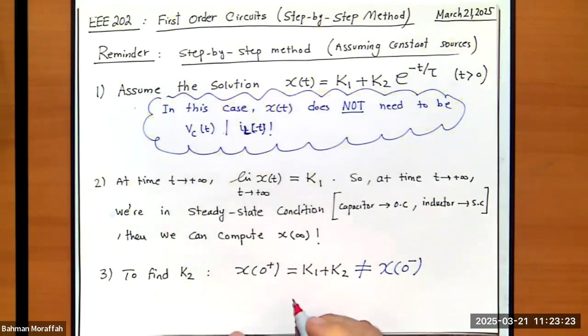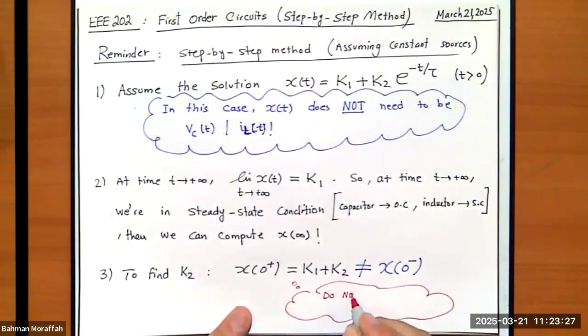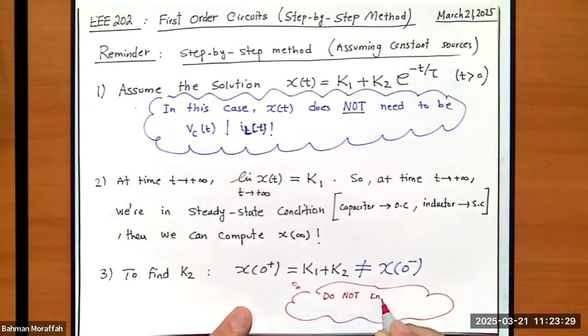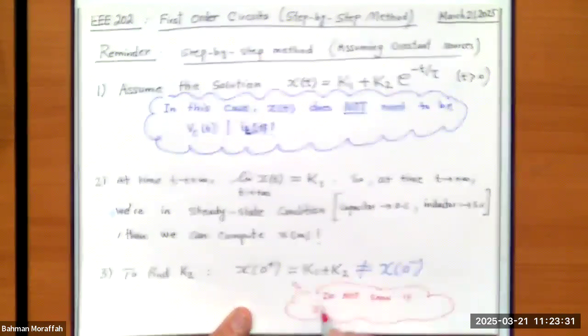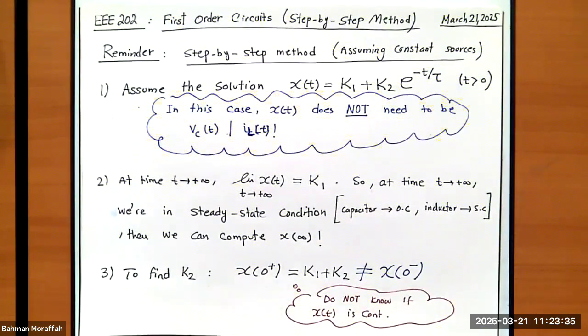Again, we do not know if x of t is continuous. Right? So we cannot use this equality there. I don't know if x at time 0 plus is the same as x at time 0 negative.